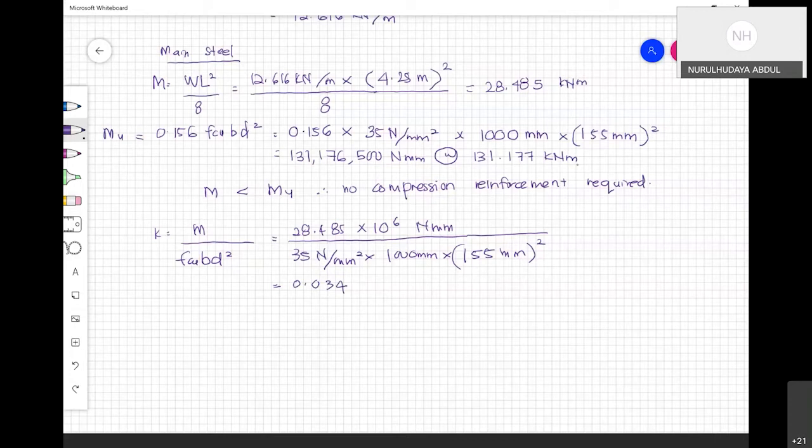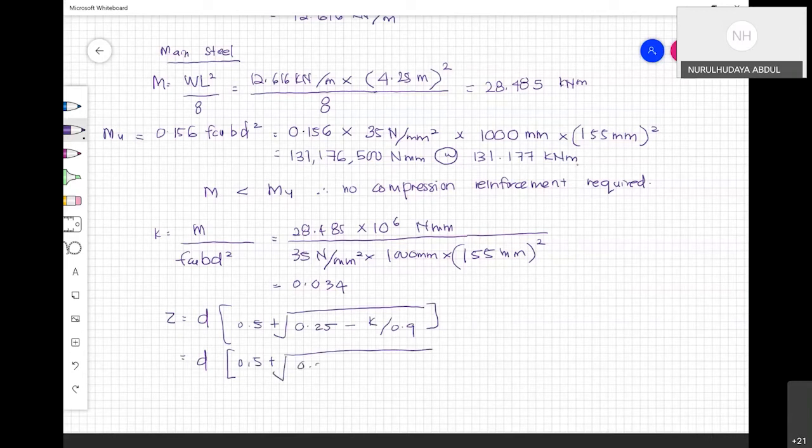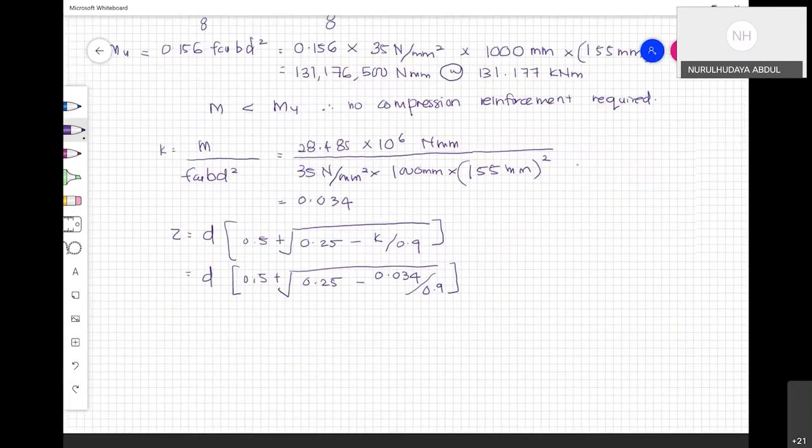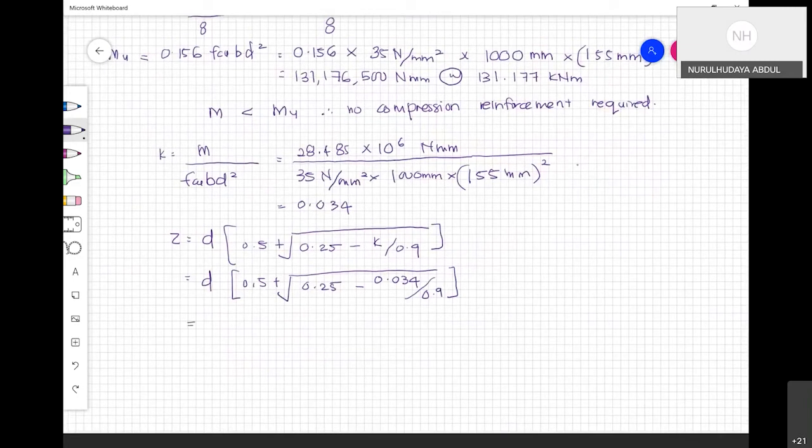Then we can find lever arm, Z, equal to D. Okay, here I dapat 0.961D. Okay, that is the value that I got for lever arm.